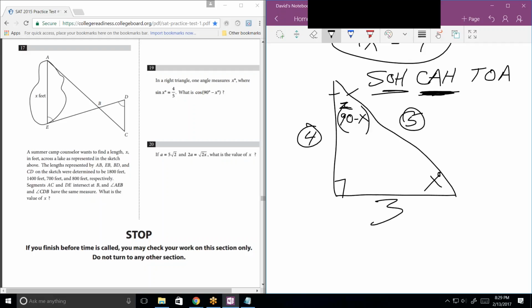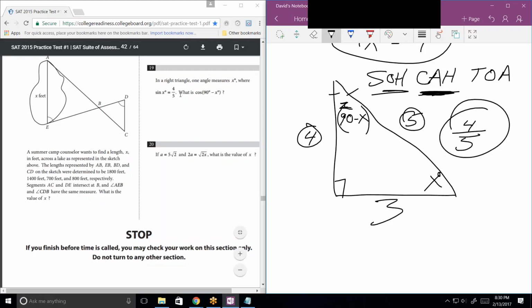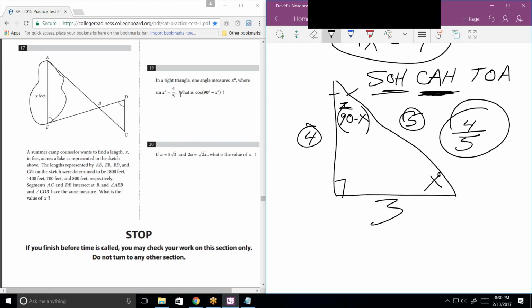So that would be 4 over 5, the same thing as the sine was. Notice we never had to figure out what x was. The problem was they gave us one trig function, which was the sine of x, and asked us about another trig function of another angle that we could easily figure out.